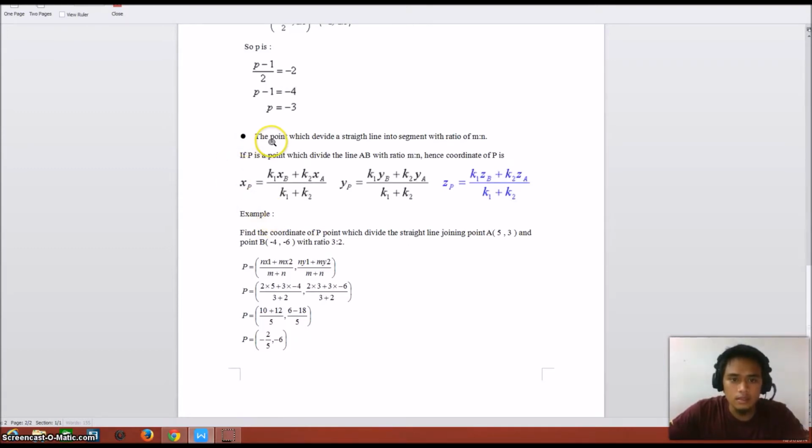Okay, next is the point which divides a straight line into segments with a ratio of m/n.